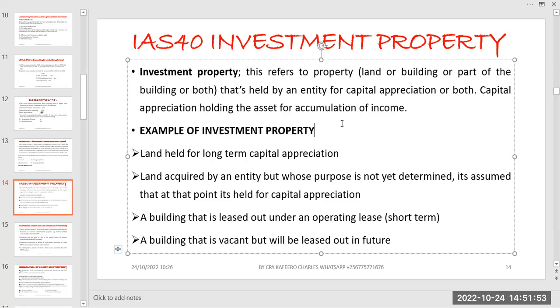I did not put the one for rental income.